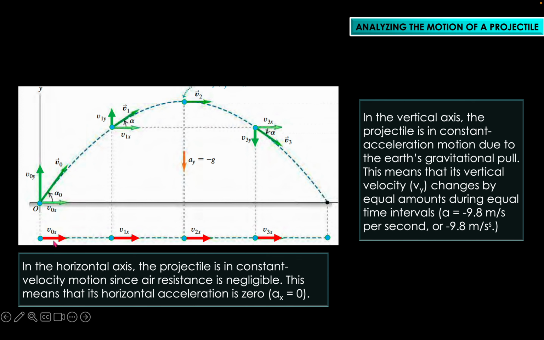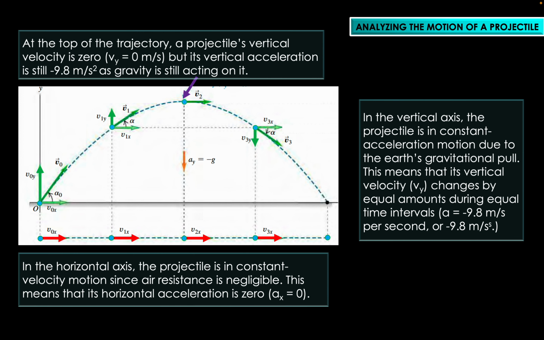But again, v sub x or horizontal velocity is constant throughout the times of 0 seconds, 1 second, 2 seconds, 3 seconds. The horizontal velocity is constant. Going forward, as I mentioned earlier, at the top of the trajectory, a projectile's vertical velocity is zero. Again, because gravity will slow it down until the vertical velocity becomes zero.